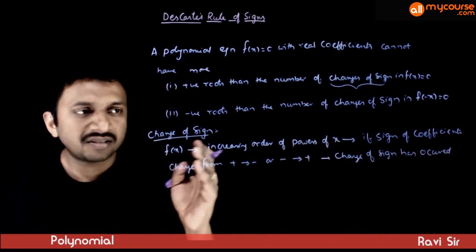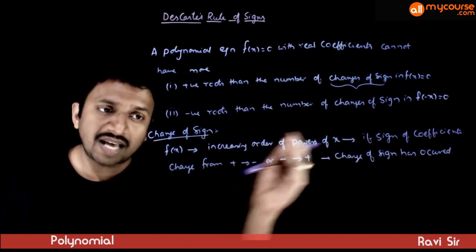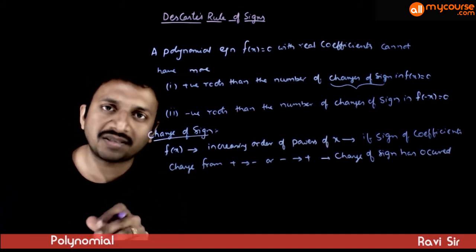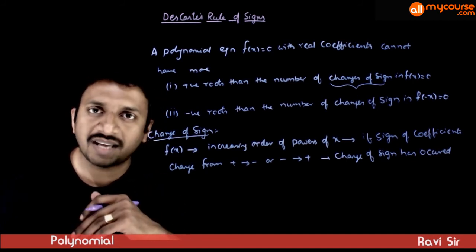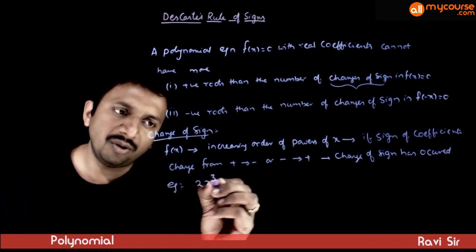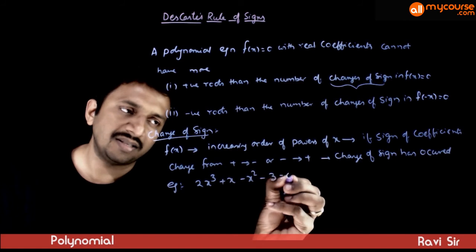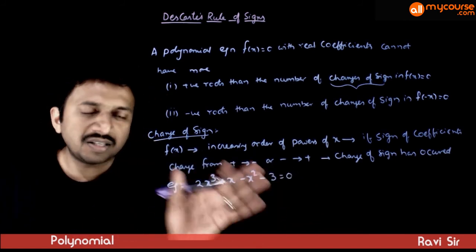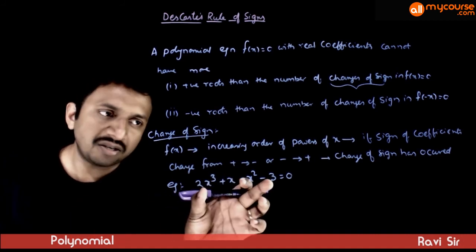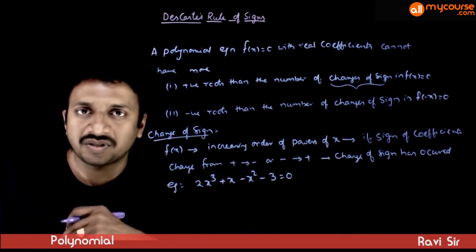So if f of x is written in increasing powers of x, if the sign of coefficients change from plus to minus or minus to plus, then we say that a change of sign has happened. For example, if you have 2x cubed plus x minus x square minus 3 is equal to 0. So if this is my f of x, first I'll arrange this equation in increasing powers of x or decreasing powers of x.